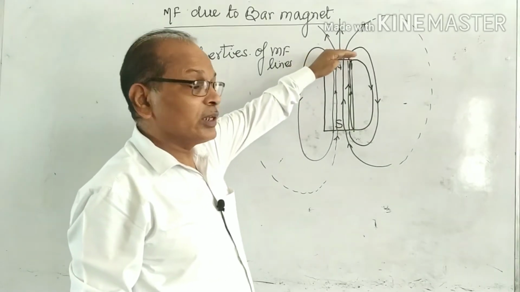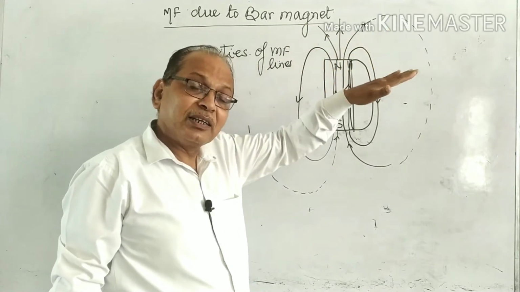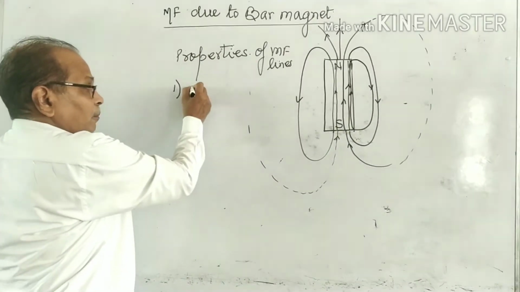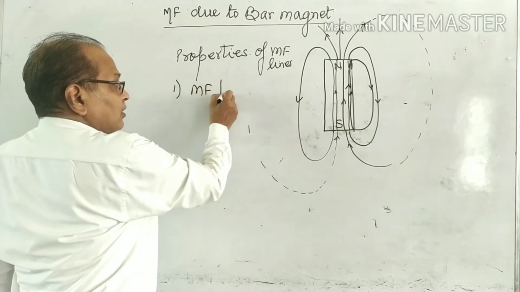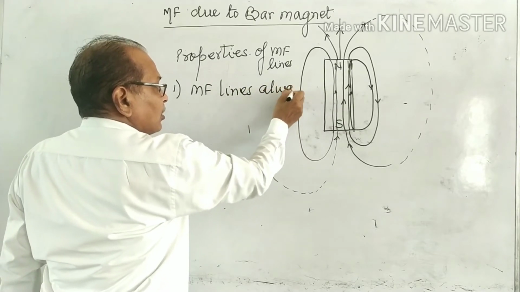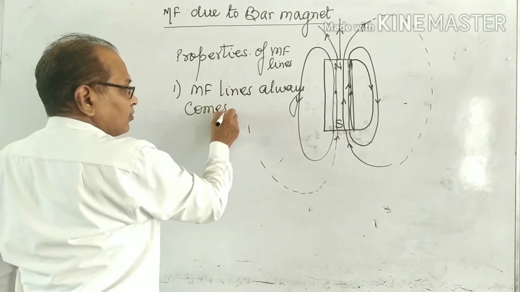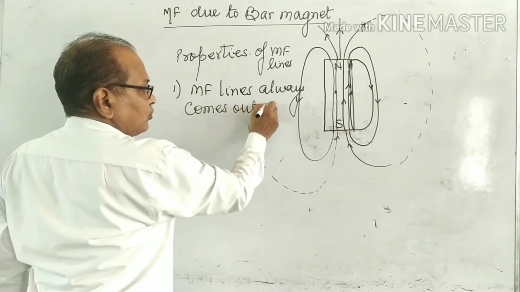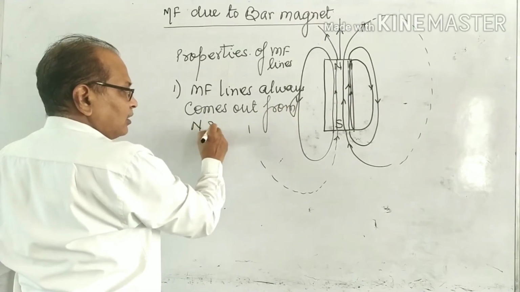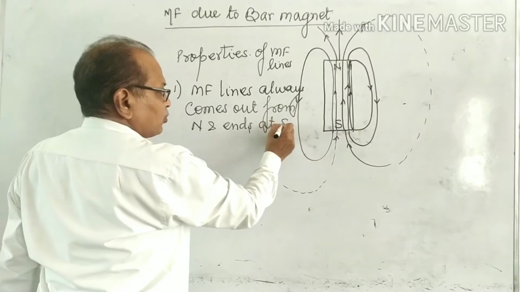Originate, or you can say they always come out from outside the magnet, they always come out from the north. That is, magnetic field lines always come out from north and end at the south pole.